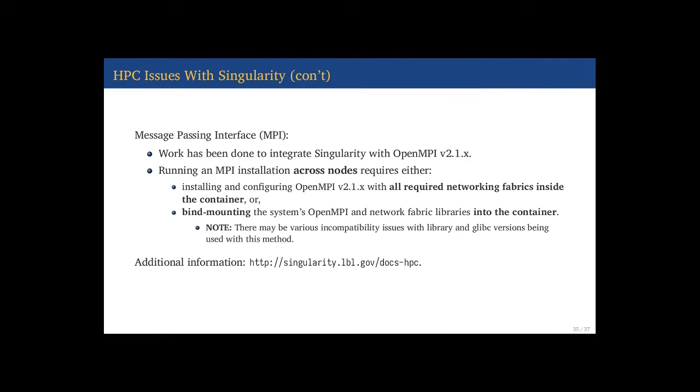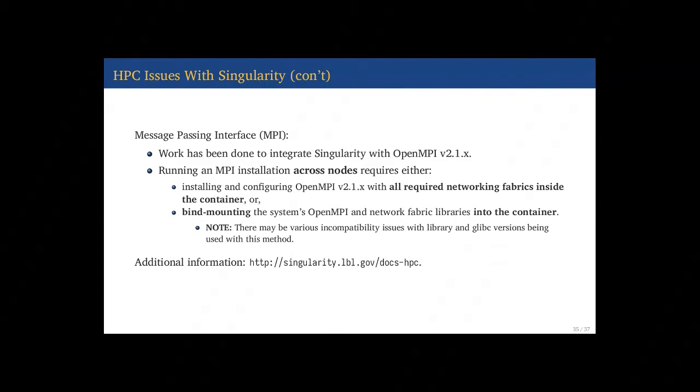So if you're using threaded MPI, you probably won't have any problems as long as you're on a single node and you don't try to do anything across nodes. Once you try to do things across nodes, the MPI in your image must be configured with all the fabric inside the image properly. Otherwise, it's not going to work.